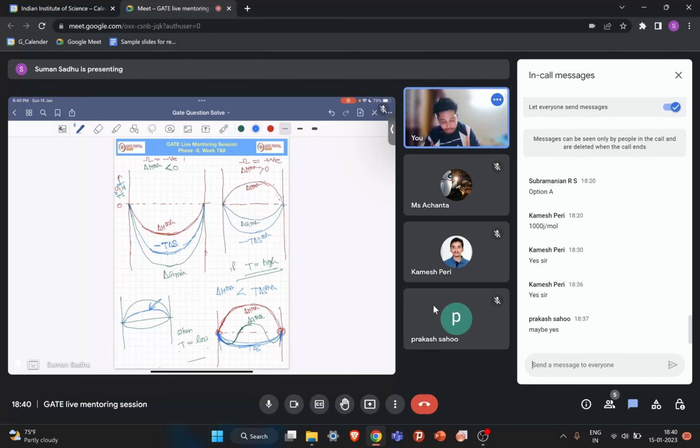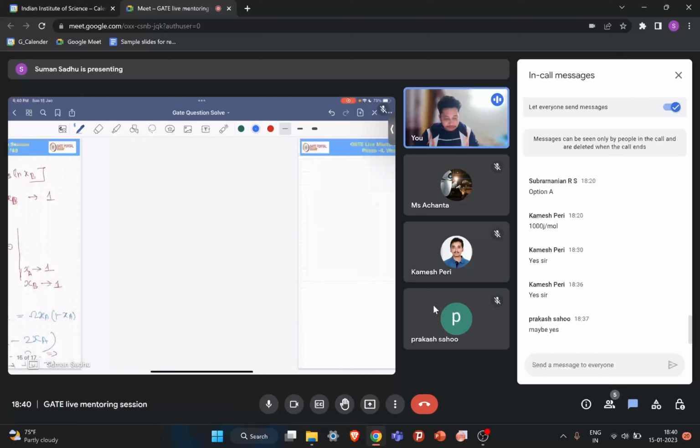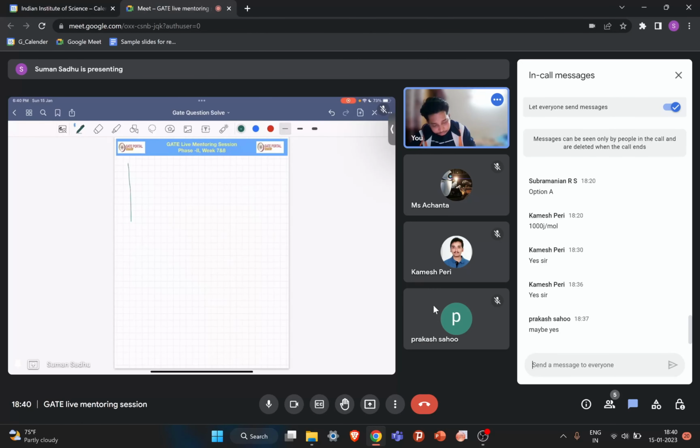So every time near your pure compositions, this is your delta H, let's say, and this is your delta S. Here the slope is minus infinity, and similarly here also. So that means this value is less than this value.